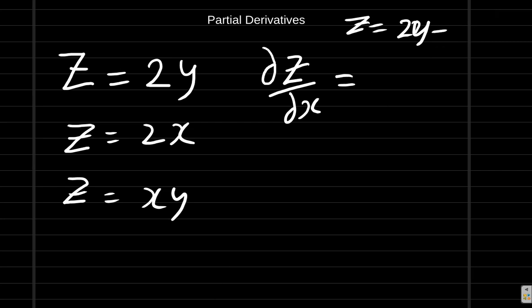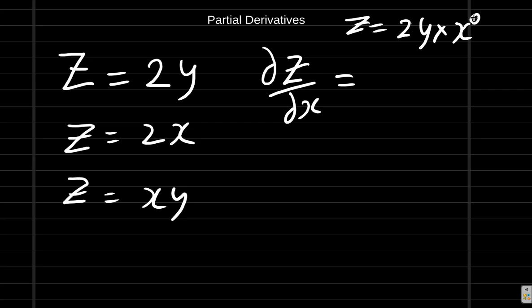Sorry about that, my mistake. It's 2y times x to the 0, right? Because the fact is 2y means the same thing as 2y times 1. And the thing is, x to the 0 is equal to 1.